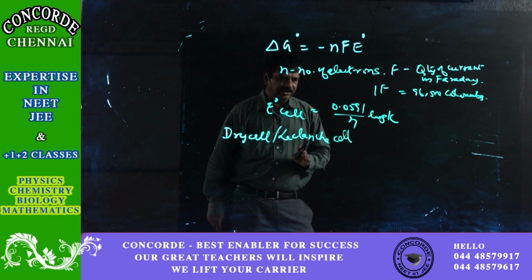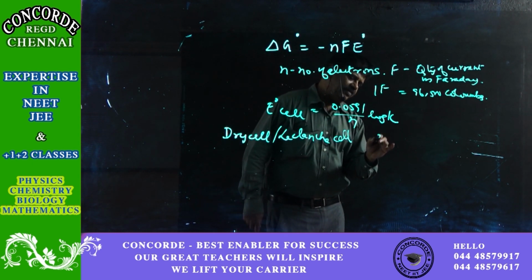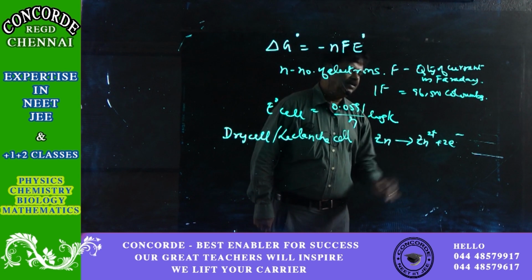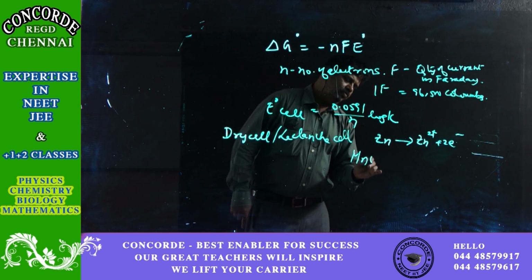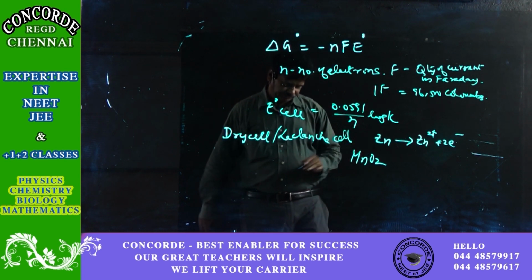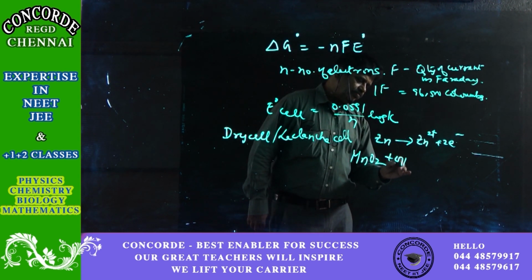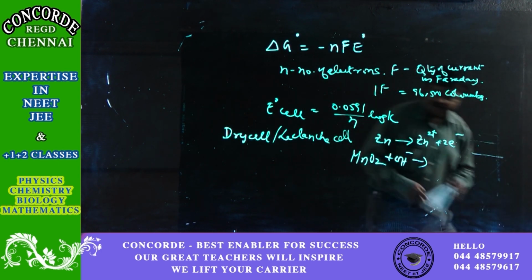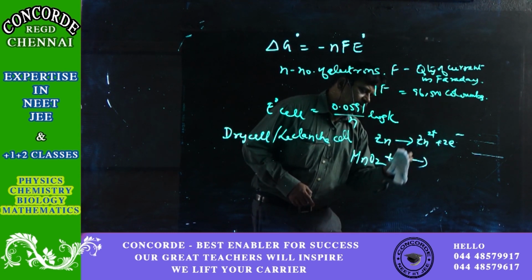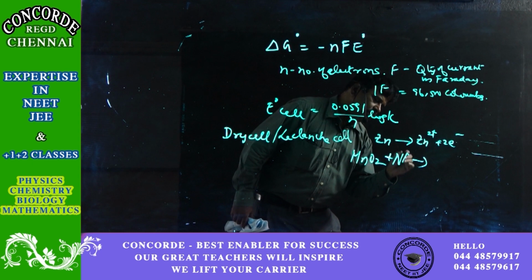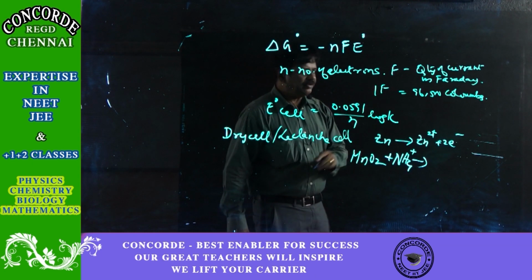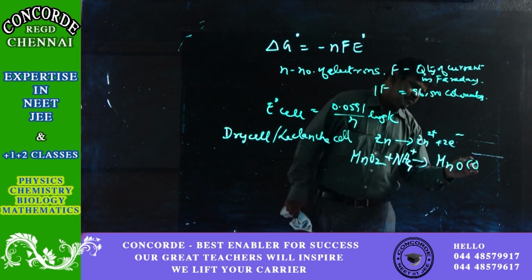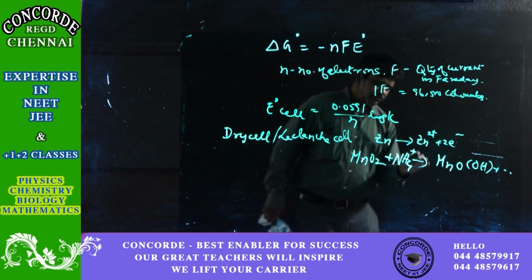So in the dry cell or Leclanche cell, two reactions are happening, where Zn is getting converted to Zn2+ and 2 electrons, which are used by MnO2, manganese dioxide. Of course, we have an ammonium salt and manganese dioxide, which uses these 2 electrons.